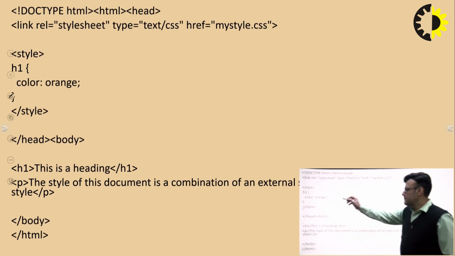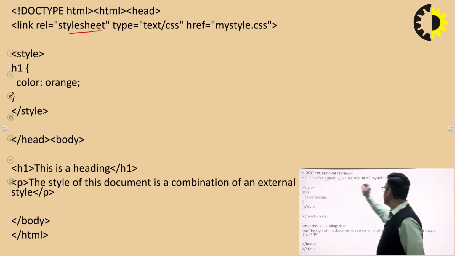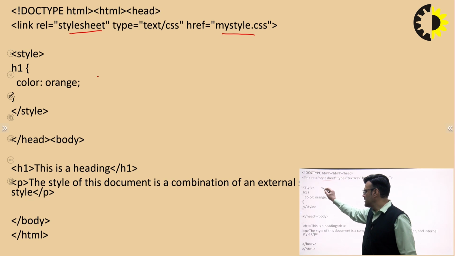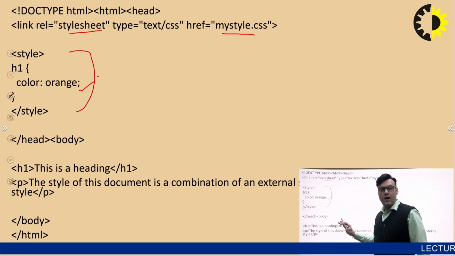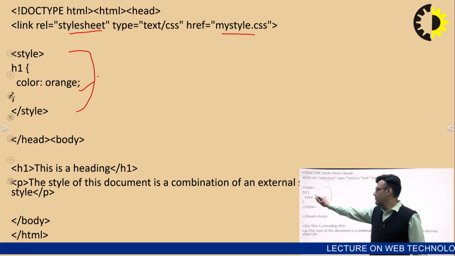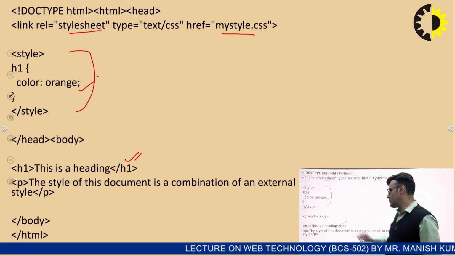For example, here look, we have a link here, mystyle.css. Then after that, I have used a style tag where the color is orange. So this page will reflect this H1 heading color as orange.